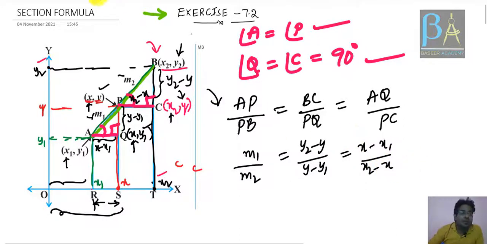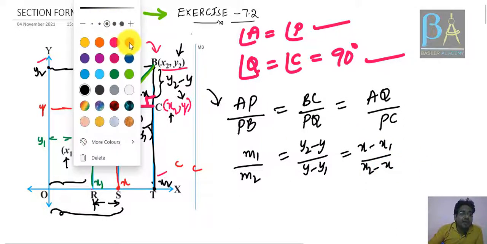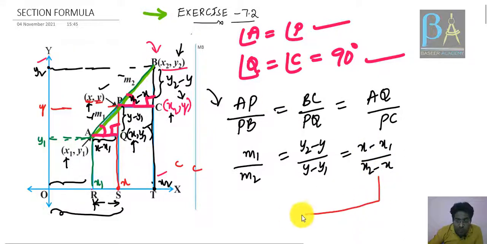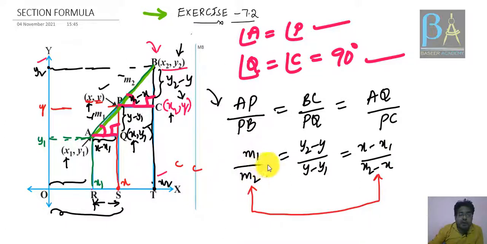Now to find out the value of x, you can compare x minus x1 by x2 minus x with m1 by m2. Let's do that.